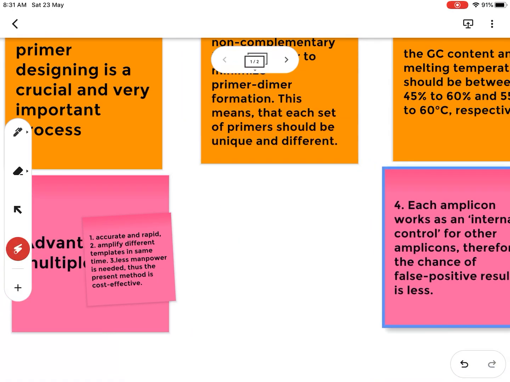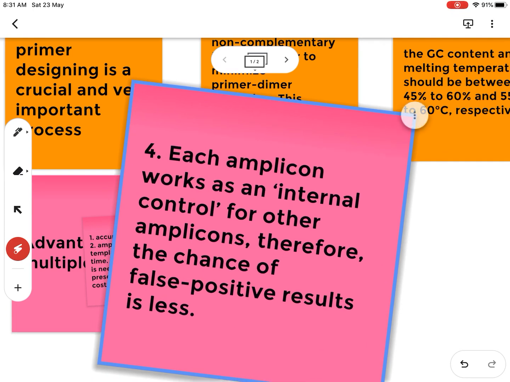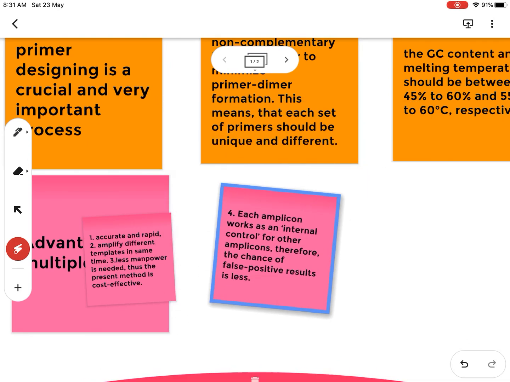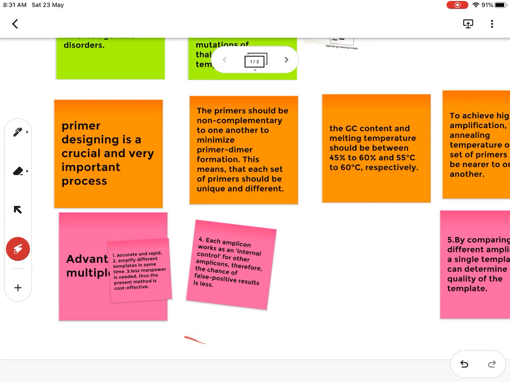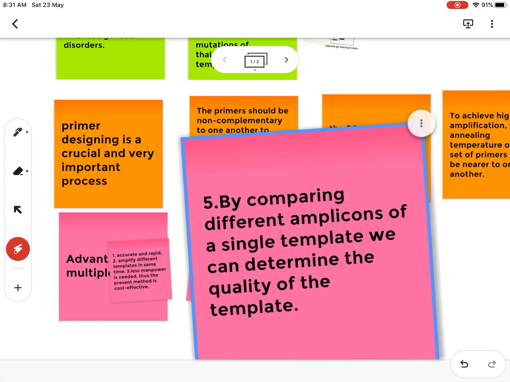Then each amplicon works as an internal control for other amplicons, and therefore the chance of a false positive result is less. And by comparing different amplicons of a single template, we can determine the quality of the template.